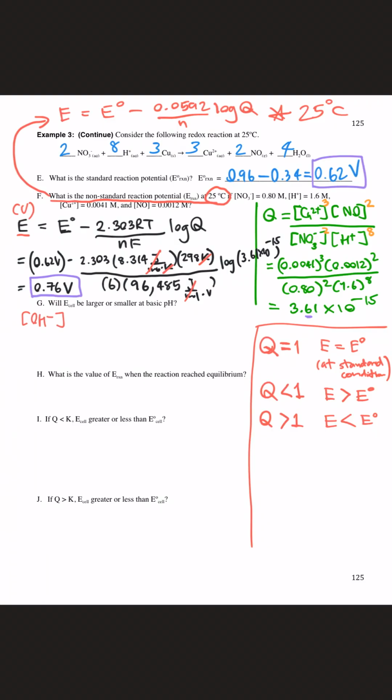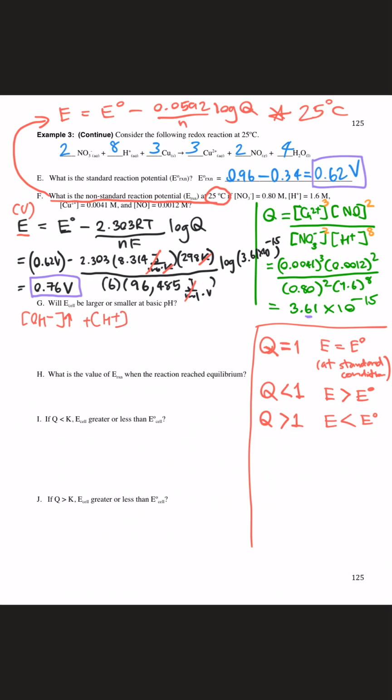That's the identity of a basic solution, right? But if you look at our reaction here, this reaction is in acidic solution because of the presence of the proton. Therefore, as the concentration of hydroxide ions increases, the hydroxide ions would react with the available protons present in the solution.